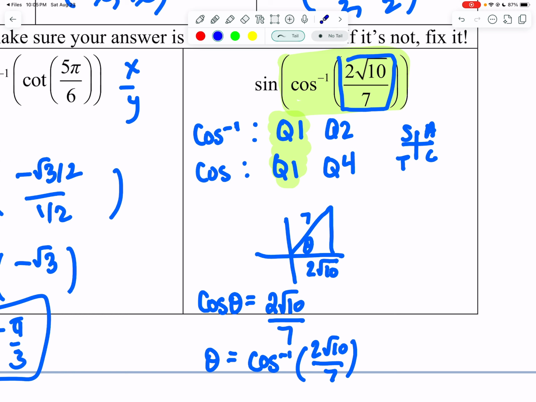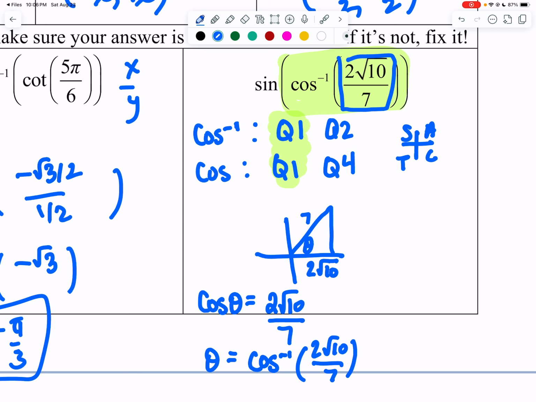Now, the question is asking us what sine of theta is. In this case, sine of inverse cosine of 2 root 10 over 7. Remember that sine is opposite over hypotenuse. I have a problem, though. I don't know what my opposite is. So I have to use our good old Pythagorean theorem to figure out what my opposite value is.